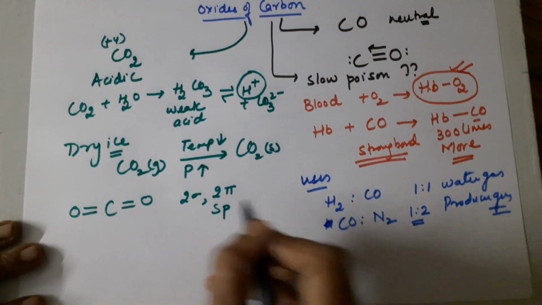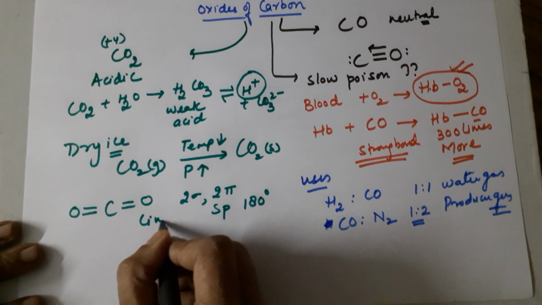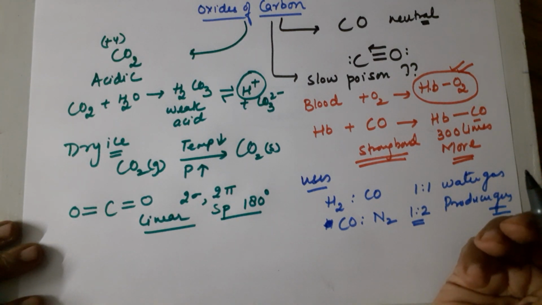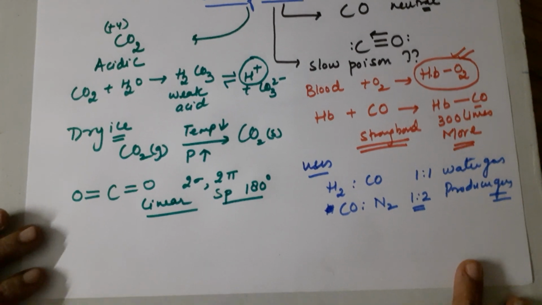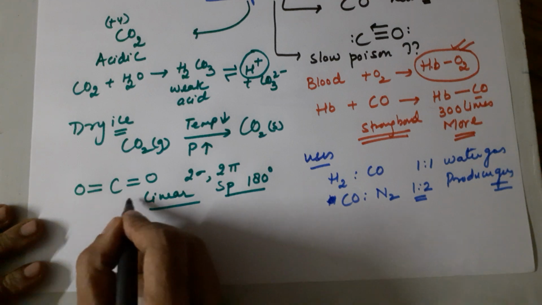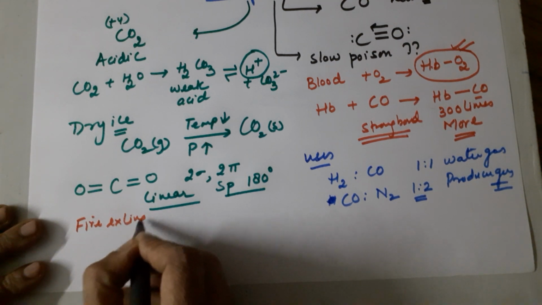So the hybridization is sp, the bond angle is 180, the shape is linear according to VSEPR theory. Also, this gas is a non-supporter of combustion and it is heavy, so it is used in fire extinguishing.